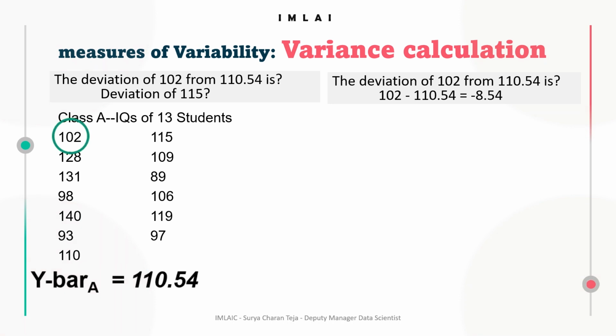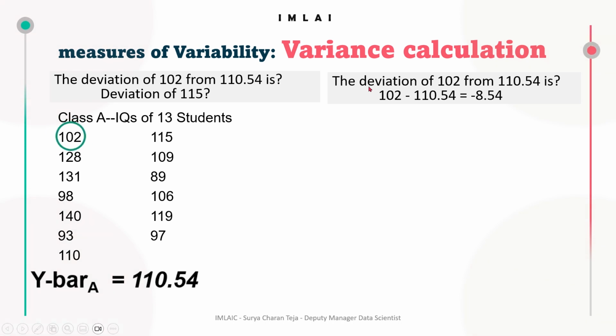Now let's calculate the deviation of 102 from 110.54, that is minus 8.54. Because the student whose IQ is 102 minus the mean of the overall population, 110.54, gives minus 8.54. That's the deviation of that individual.